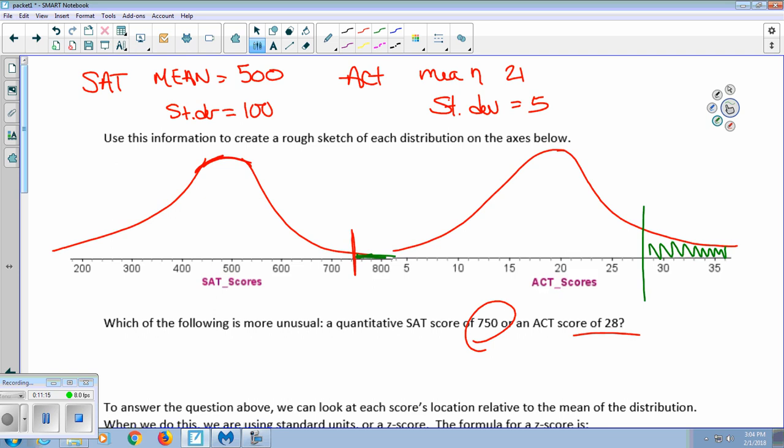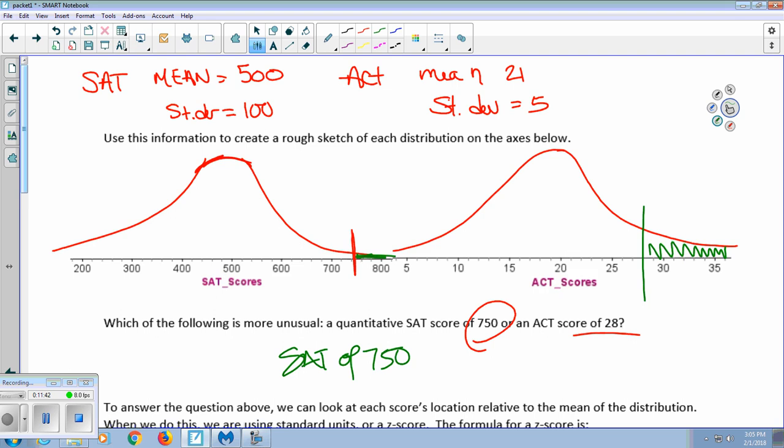And it's clear that in the SATs, fewer people would be expected to score beyond a 750, whereas it seems more likely we'd see people scoring beyond 28 in the ACT. So the SAT score of 750 seems to be a more unusual score.